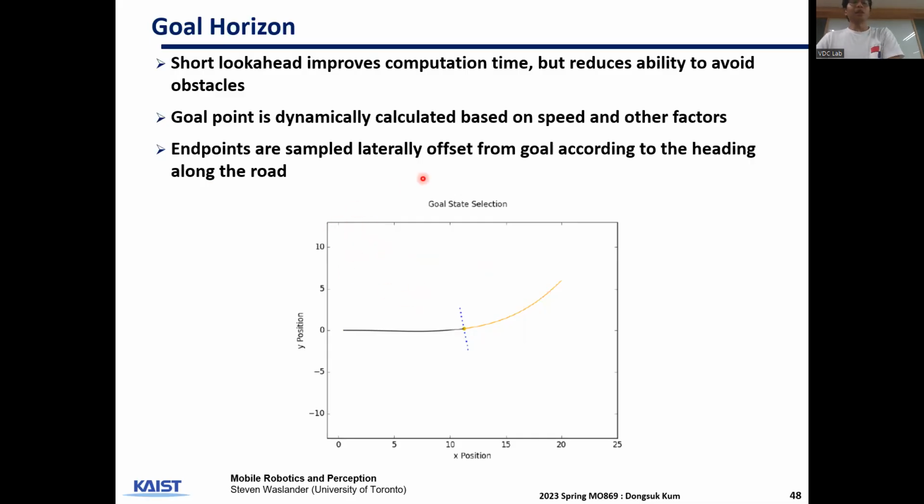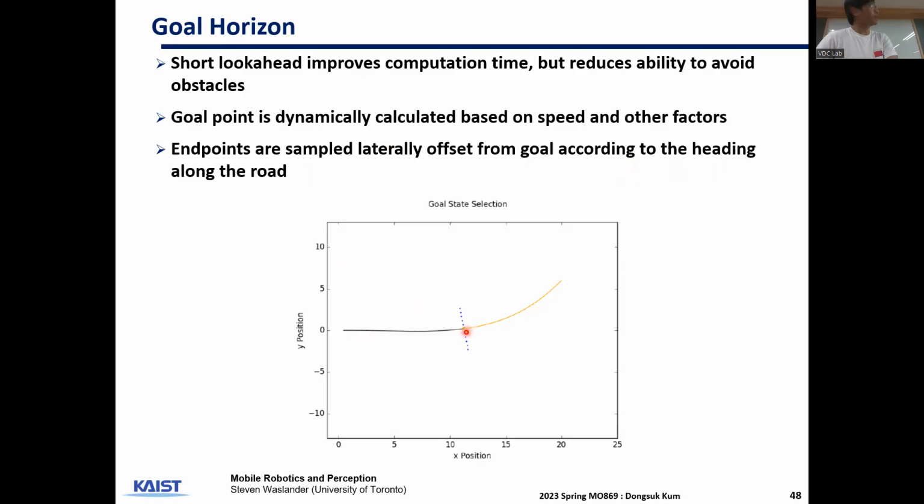The goal point is dynamically calculated based on a lot of factors, one of them being speed. Then once you have the goal, you set that as the endpoint, and then sample laterally based on the heading along the road.